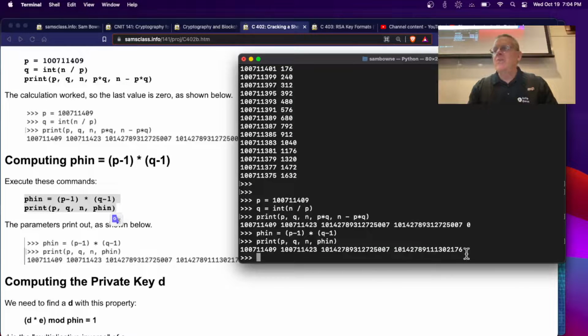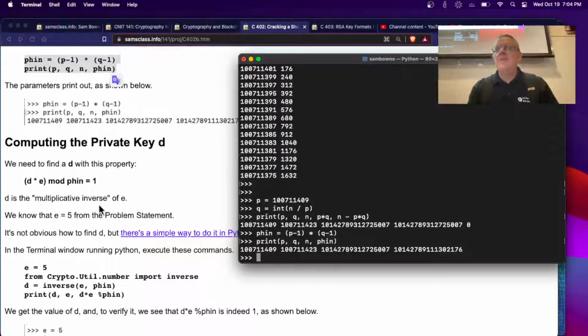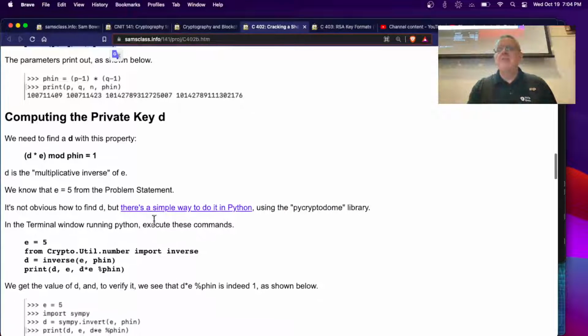It's this long number. Now we have to find a D with this property. D times E mod phi is 1. Now there is a simple way to do it in Python. In the PyCryptoDome library, there's a thing called Euler's algorithm, which will quickly converge to this number, and somebody else has already coded it for us. They've created this thing called inverse, which does the modular inverse of a number.